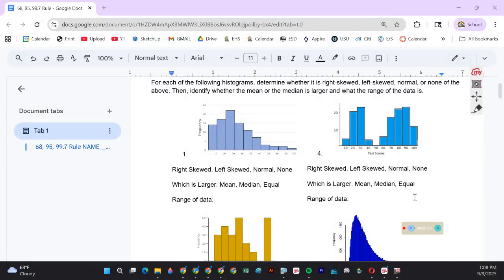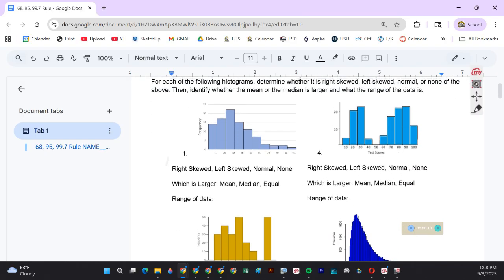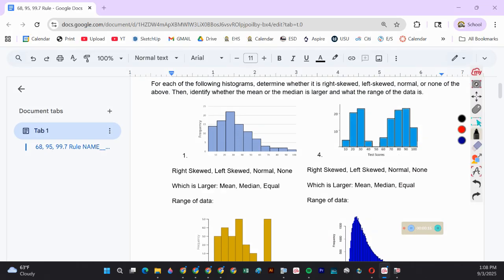All right. So this is our 68, 95, 99.7 rule worksheet. And at first we're going to talk about skew. If you look at the bulk of the data, the skew goes towards the tail. So this first one is going to be right skewed.